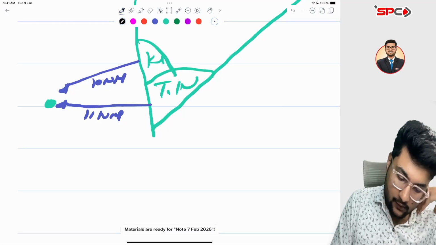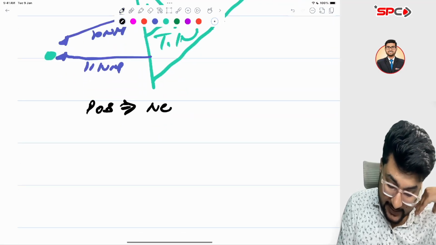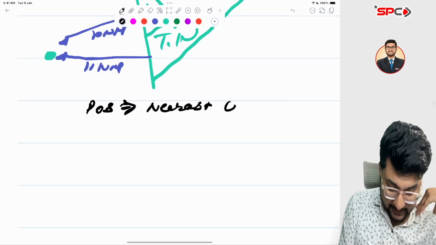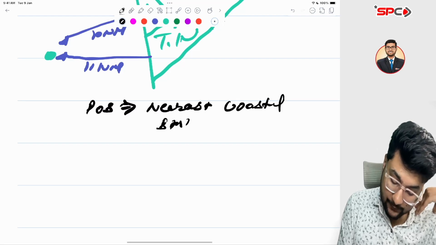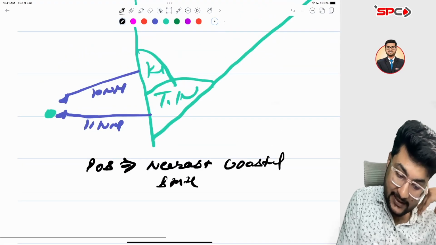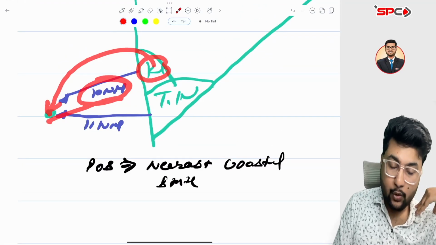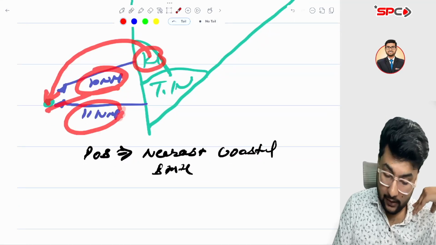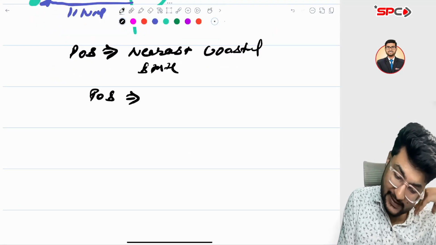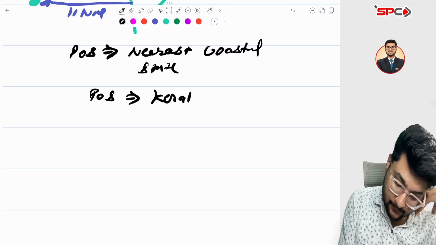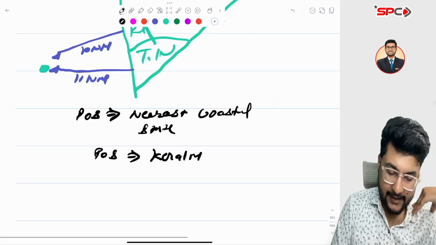What GST says is that the place of supply in that case is the nearest coastal state. Kerala is nearer, since it's only 10 nautical miles as compared to 11. So the place of supply would obviously be Kerala. I hope I wrote the spelling properly. Pardon me if I did something wrong.